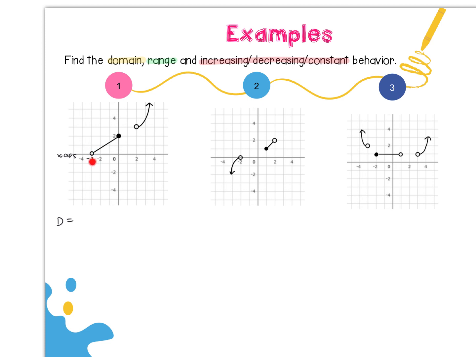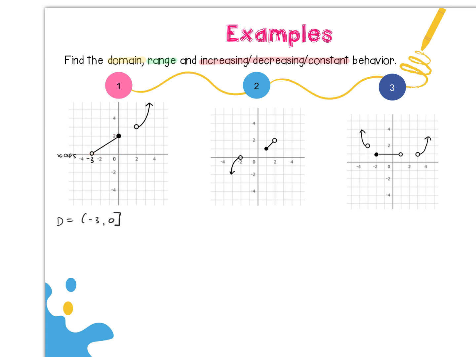It's an open circle, so it's not including -3, but I know my domain is going to start at -3, and it's going to move along all the way to x is 0. And notice that at x is 0, it's a closed circle. So I just represented the domain of this piece of the graph.